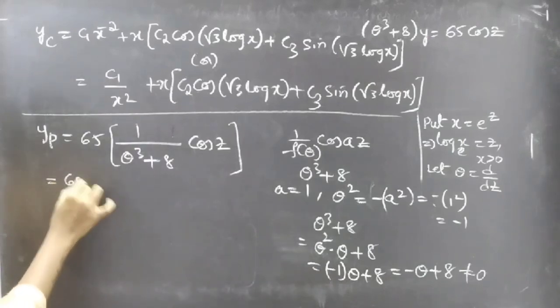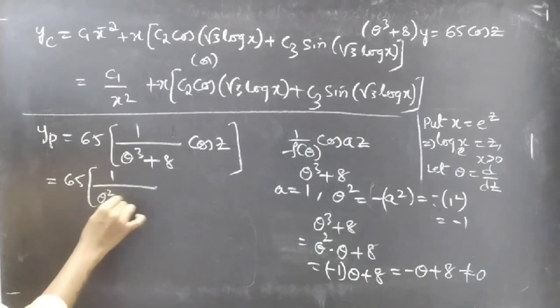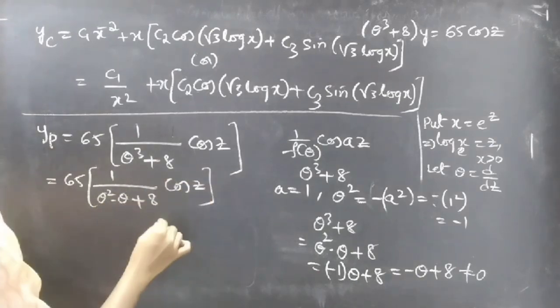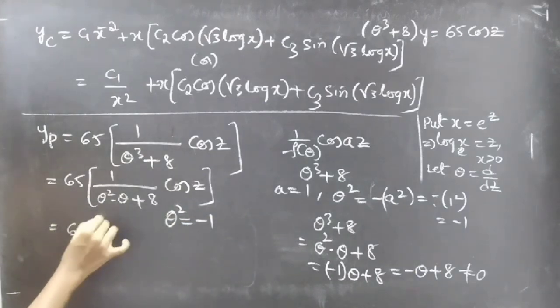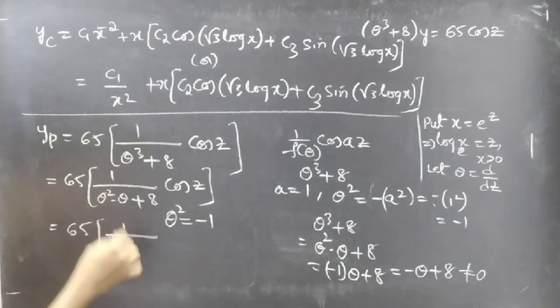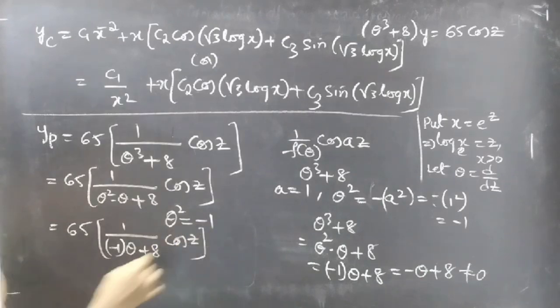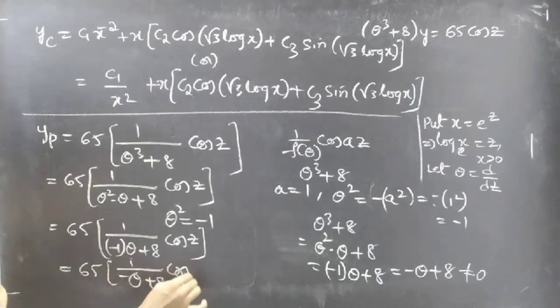This equals 65 into 1 by minus 1 into theta plus 8 into cos z, which is 65 into 1 by minus theta plus 8 into cos z.